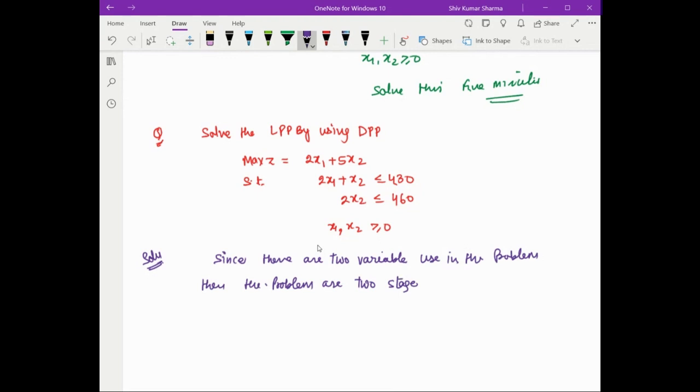Basically, the stage depends here on the variables. So we convert this problem into two stages. So it is a two-stage problem. We proceed with the backward computation procedure.